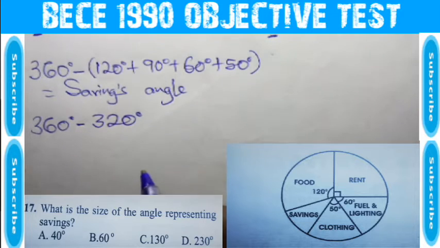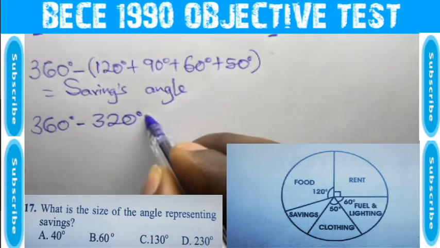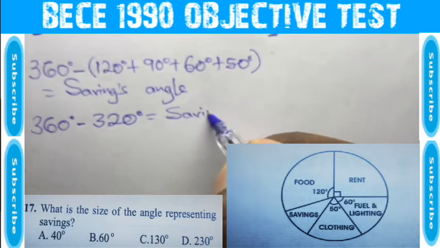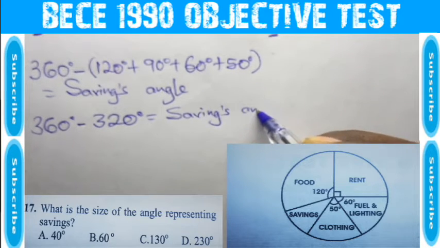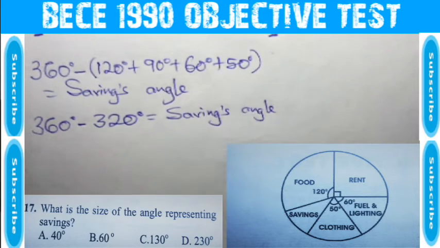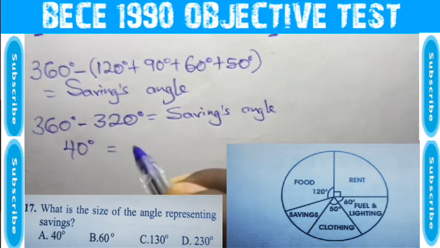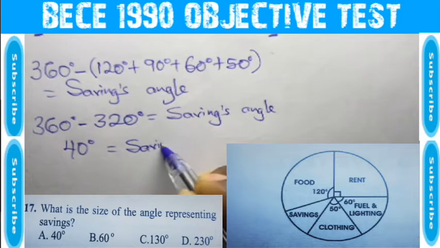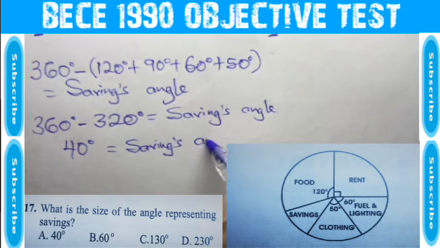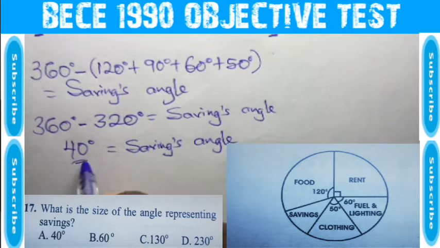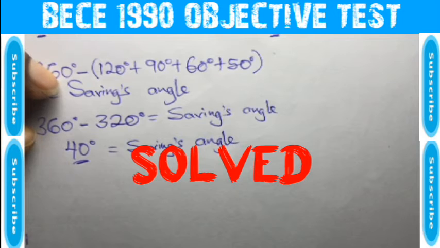It will be minus 320 degrees, and that will give us the savings angle. When we subtract 320 from 360, we have 40 degrees, and that will be the savings angle. And we are done with question 17.